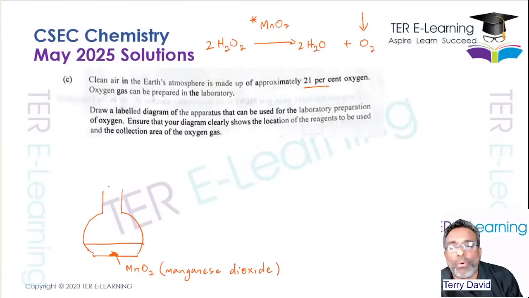So you're already putting manganese dioxide inside your container here. Then we need to put 2 tubes inside here. Let's lock this up so that no gases escape.